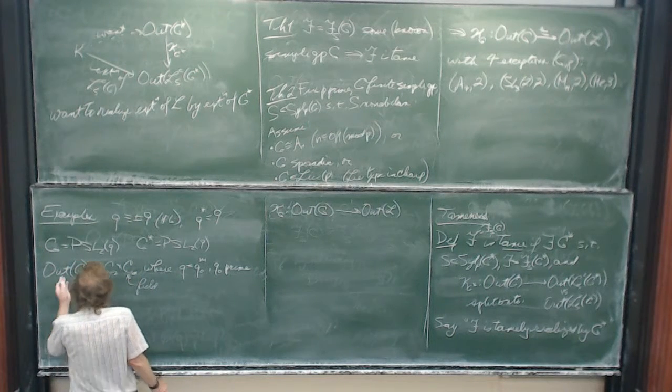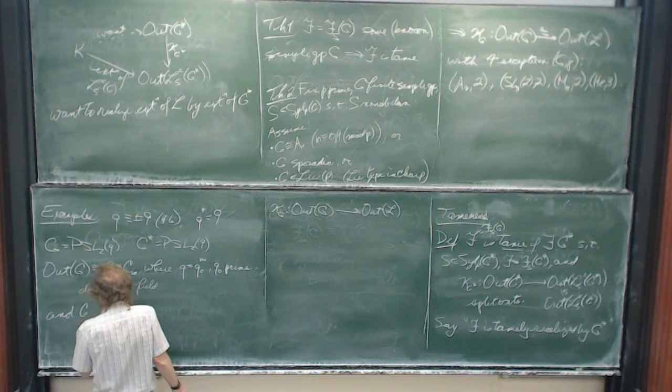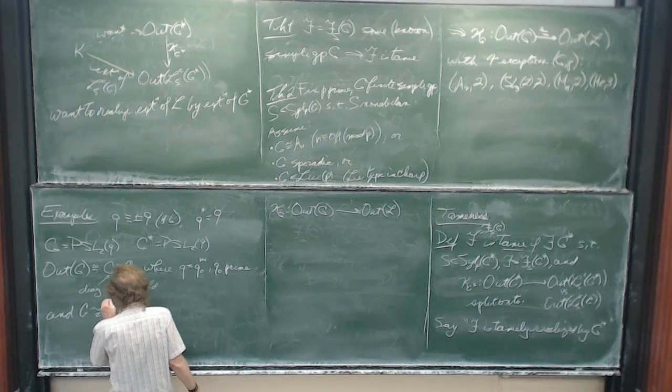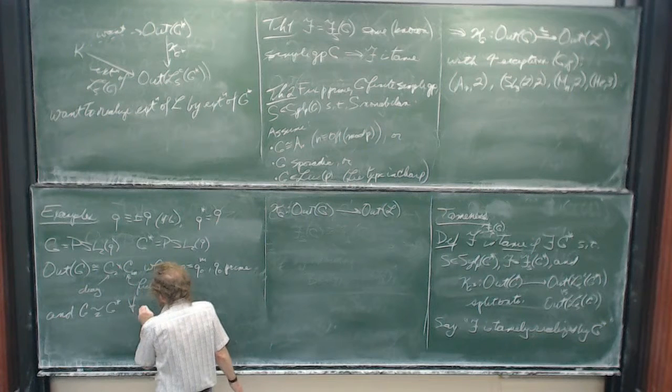And now obviously, taking the prime 2, G is equivalent to G star for all q.